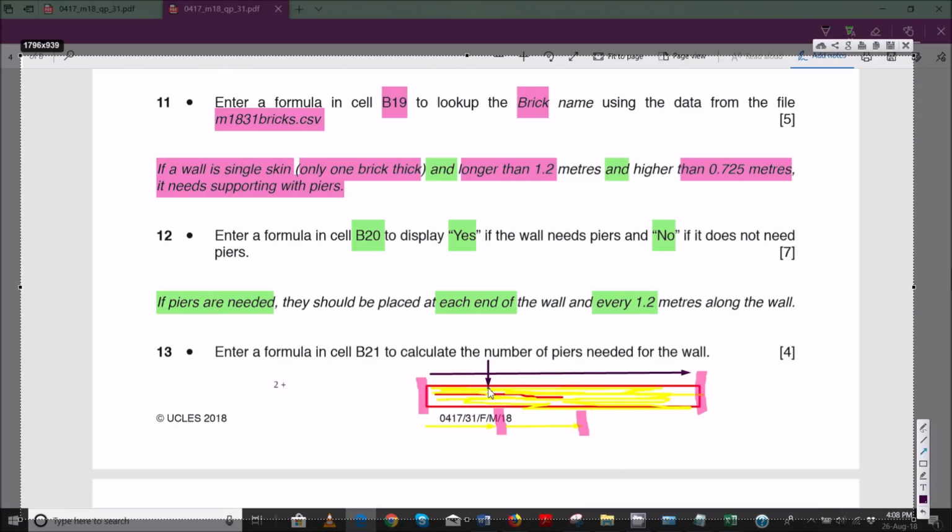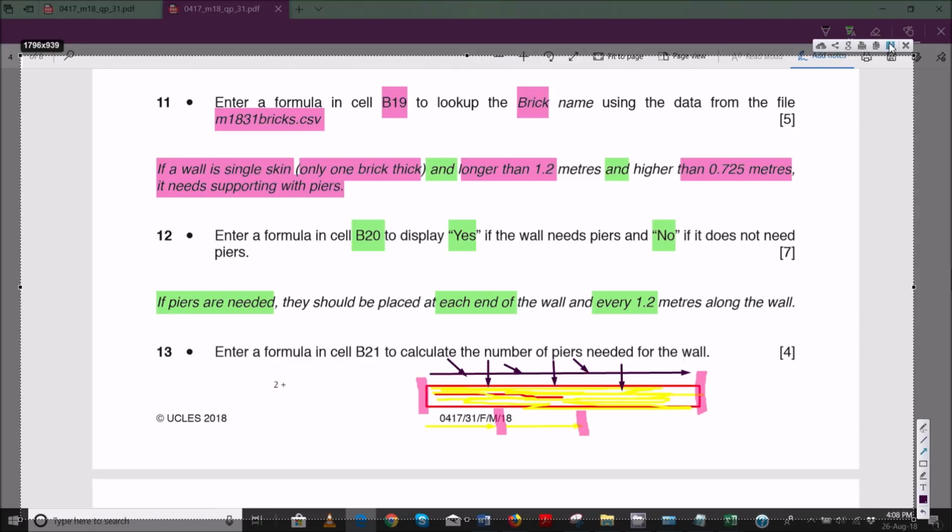So divide, this is 1.2, 1.2, 1.2, and so on. So I'll divide 6 by 1.2 to find out how many of these there are, and then I'll get the integer value of those.